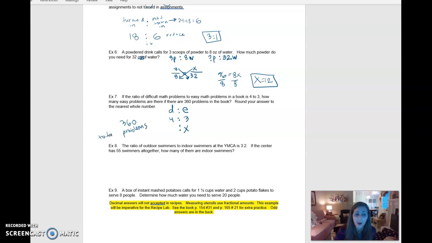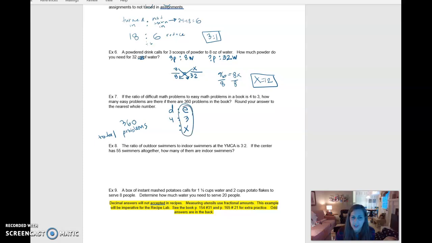These are the total problems. Some are easy and some are difficult. Now, this is a really good example, and it's kind of challenging. So let's rethink this one. Okay, so start over. Read it again. If the ratio of difficult to easy is 4 to 3, how many easy problems? Okay, so we know we're going to use this column right here.